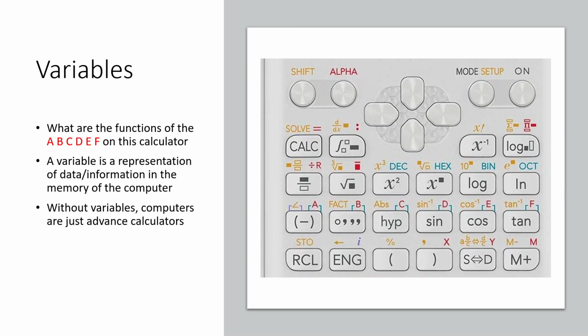And variables are what distinguish programming languages like R, Python, JavaScript, etc., from others like Stata, Excel. You could use variables in them, but they are not as prominent as you would use in a programming language like R.